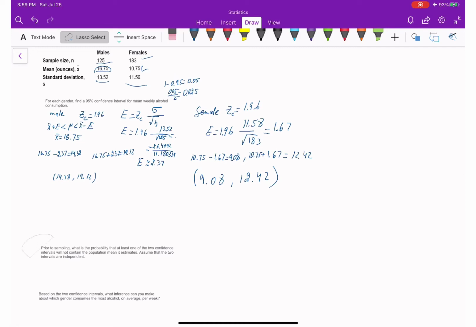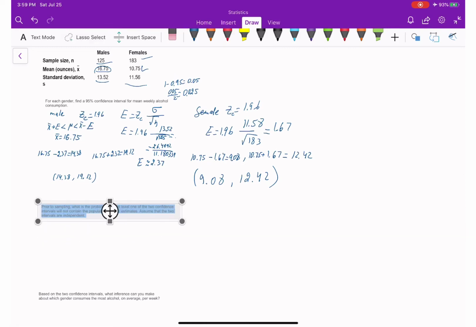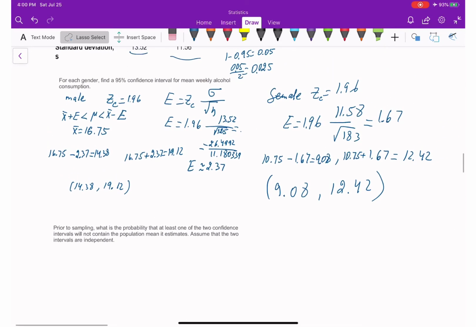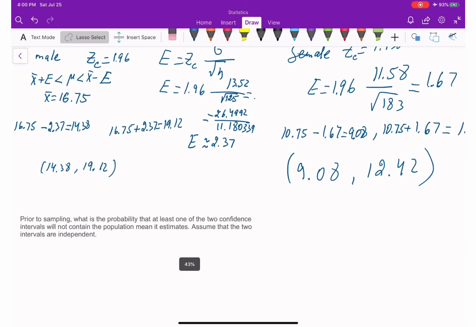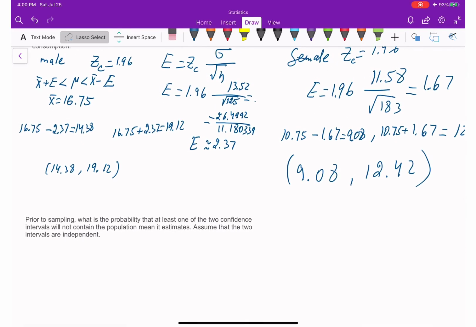Okay. We're continuing working with these questions. Prior to sampling, what is the probability that at least one of two confidence intervals will not contain the population mean it estimates? Assume that two intervals are independent.